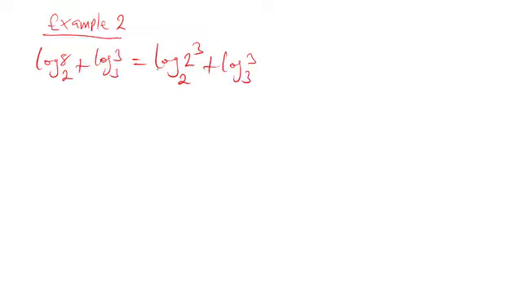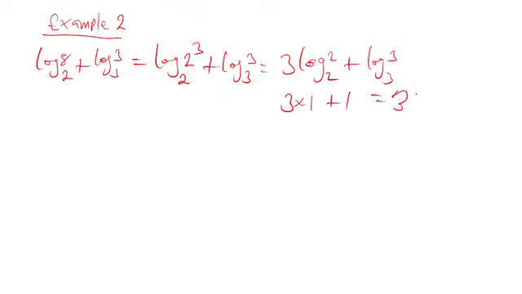You bring this 3 to the back, it becomes 3 log 2 base 2 plus log 3 base 3, and log 2 base 2 is 1, log 3 base 3 is 1. So you now have 3 times 1 plus 1. 3 times 1 is equal to 3, plus 1, we have 4, which is our value.